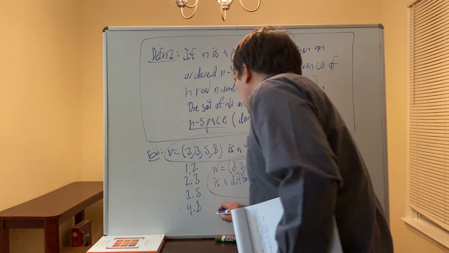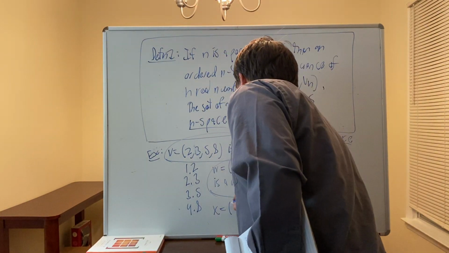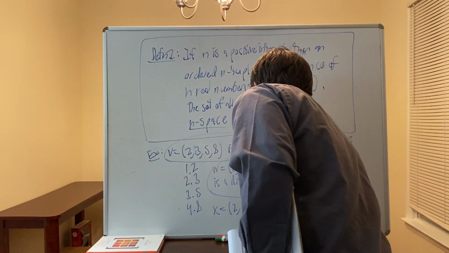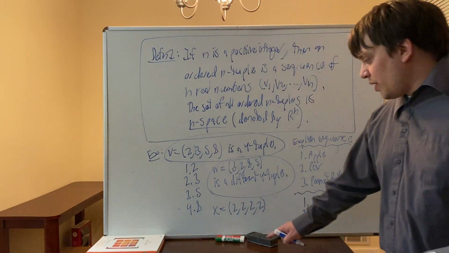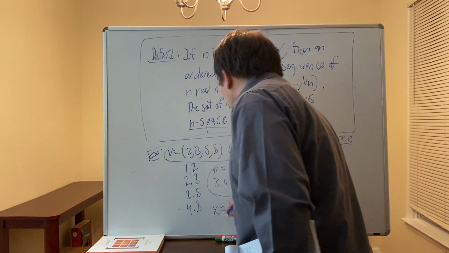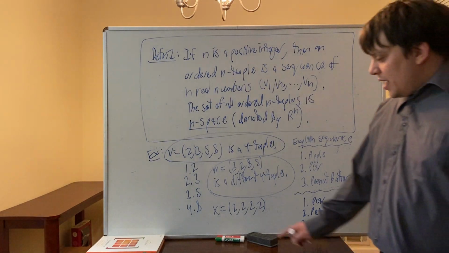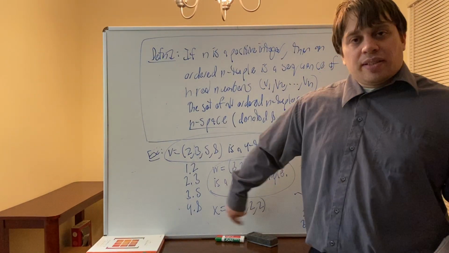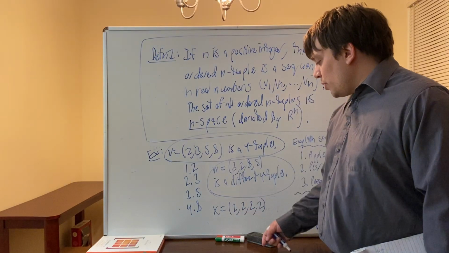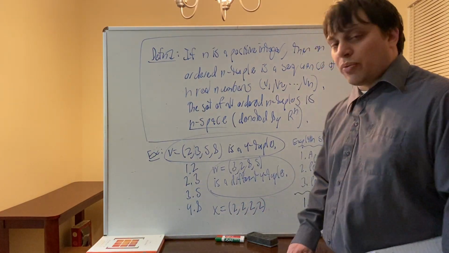Actually, let's say we had a vector x, you could define vector x as being equal to 2, 2, 2, 2. This is also a 4-tuple, and it's just that you're listing the same thing 4 times. The first component is 2, the second is 2, the third is 2, and the fourth is 2.